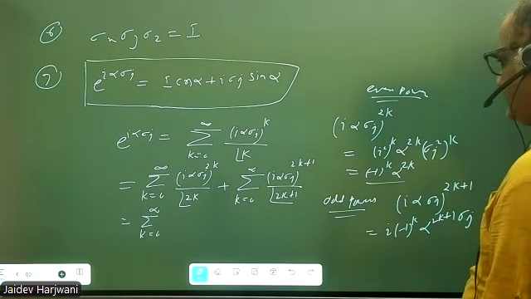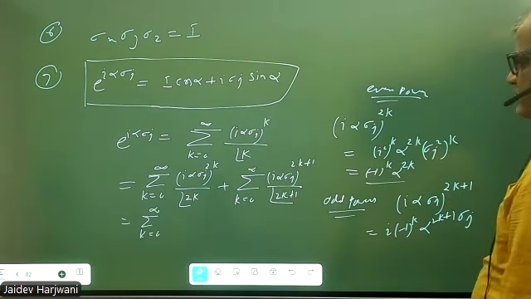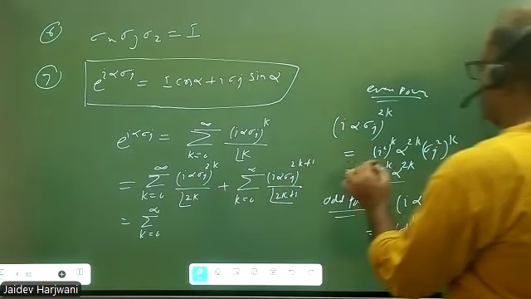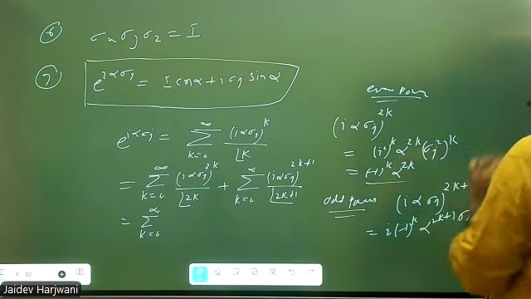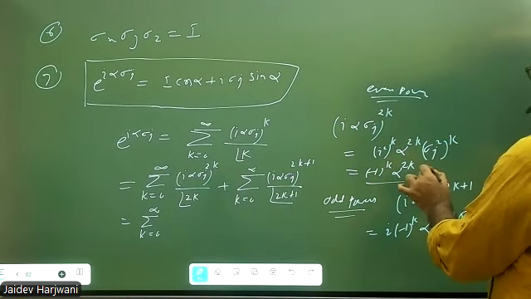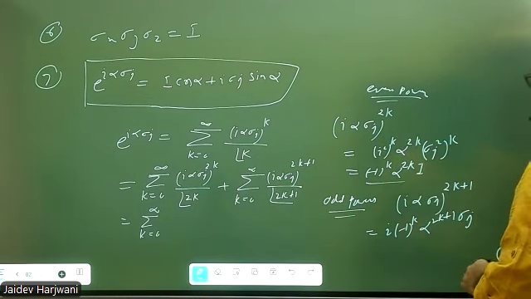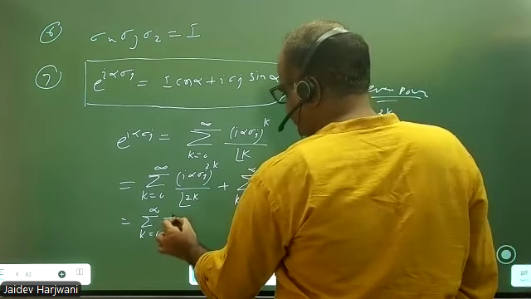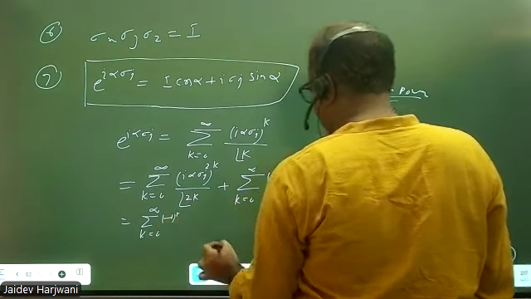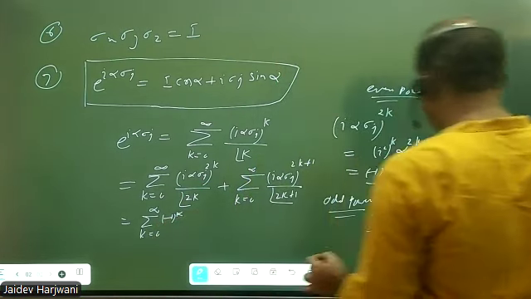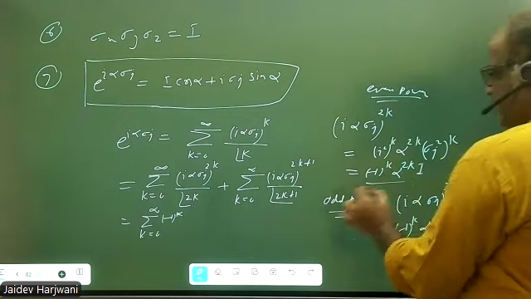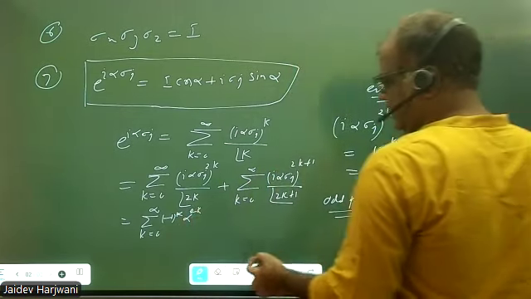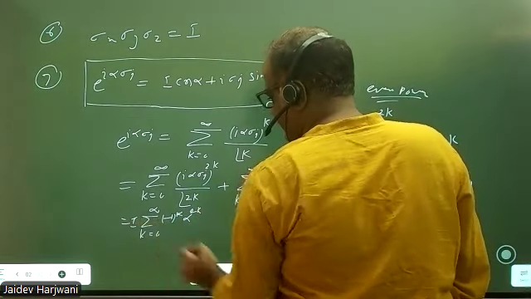And now σ² is I, okay, σ² is I. So here σ² becomes I, so if you want, you can write I here. So now what will happen? This will become (-1) power k α^2k upon factorial 2k, and I is outside.